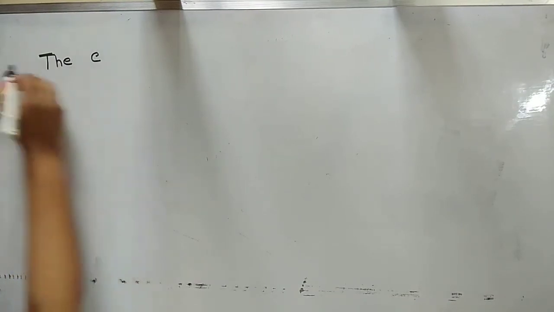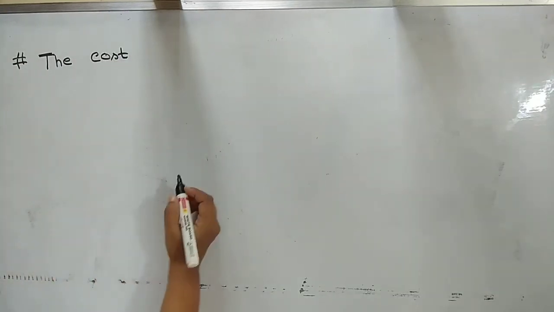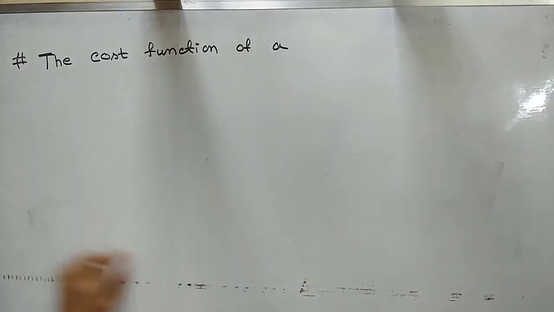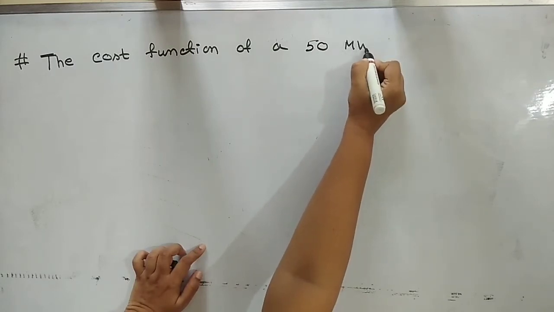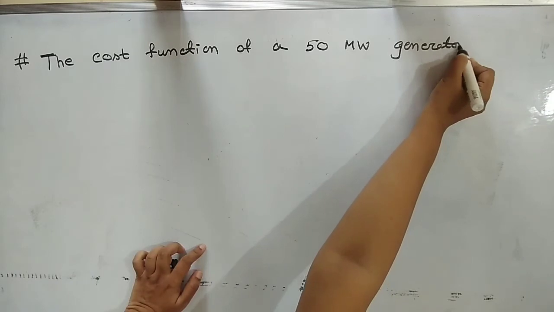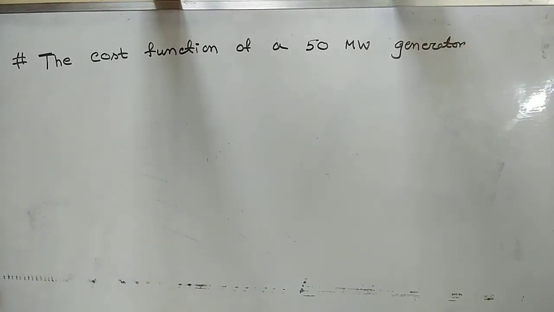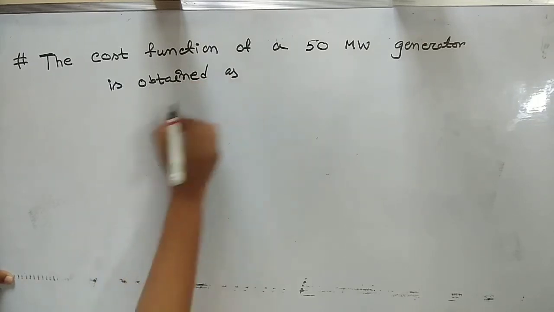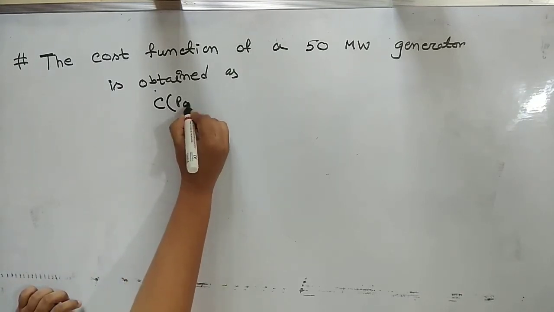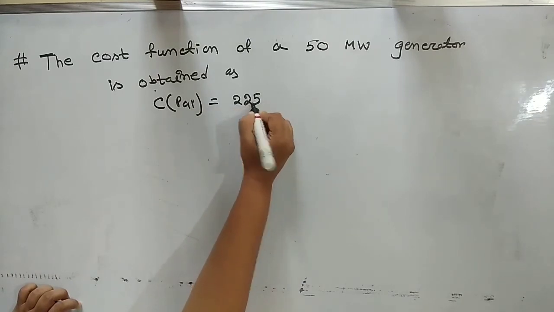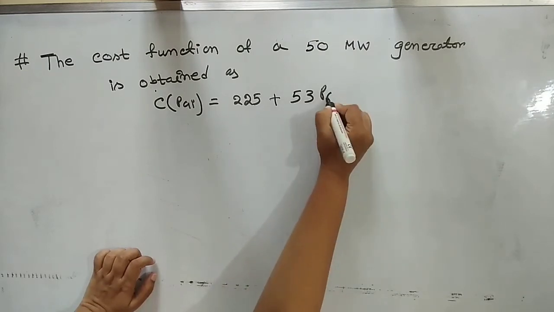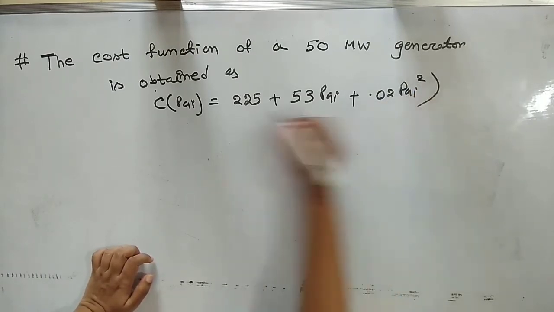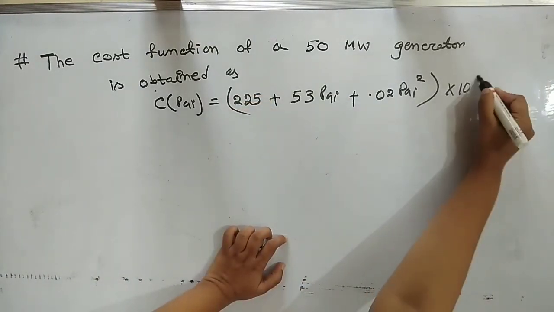The cost function of a 50 megawatt generator is obtained as C(PGi) equals 225 plus 53 PGi plus 0.02 PGi square into 10 cube rupees per hour.